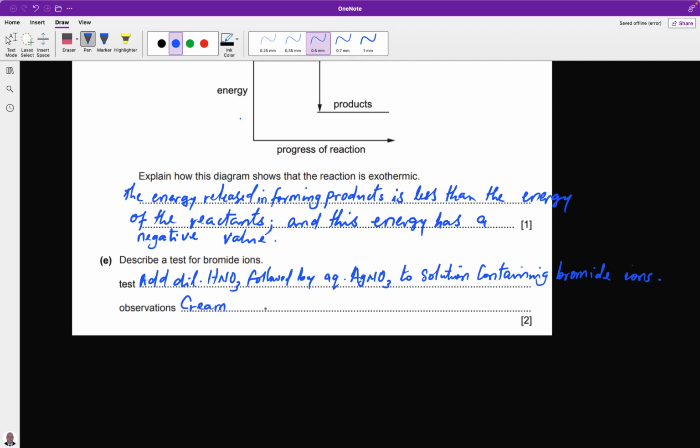Cream precipitate is formed if bromide ions are present.